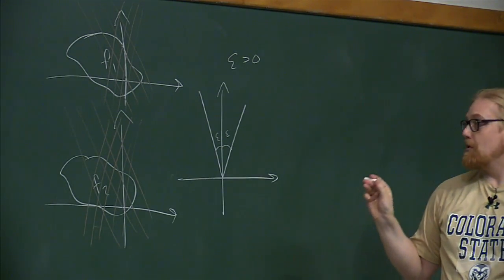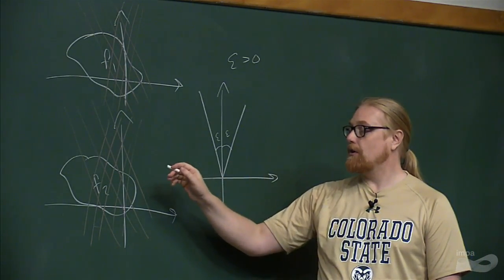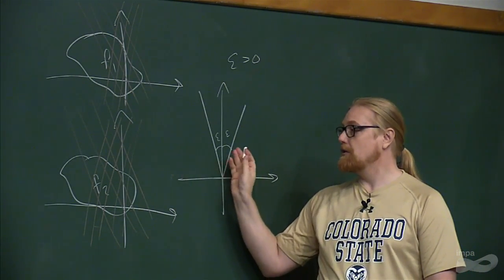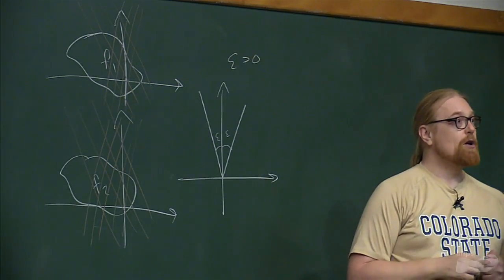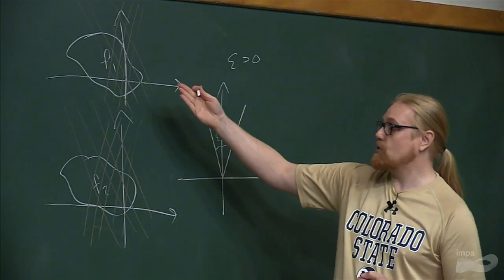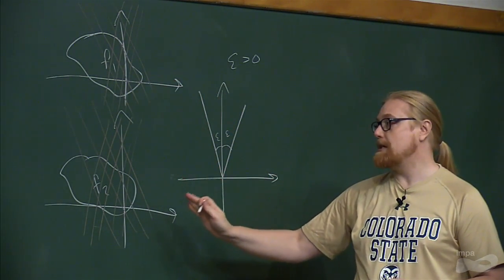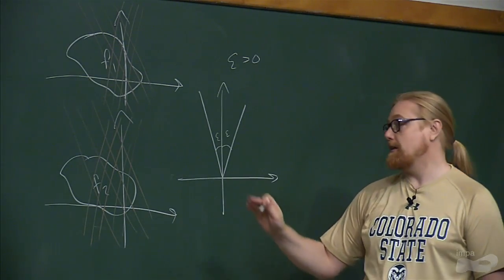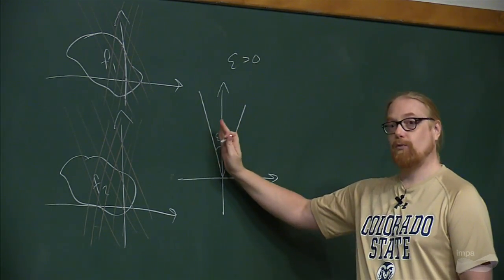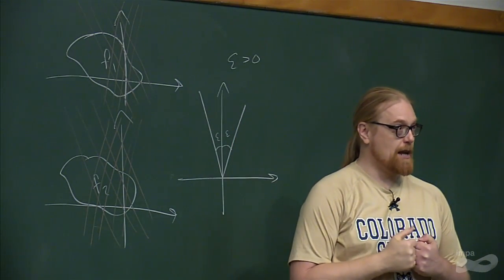Then mathematically you can prove that such part of the Radon transform uniquely determines F. So if you have these two, F1 and F2, and their limited angle tomography data are identical for these directions in this cone, then they must be the same function.